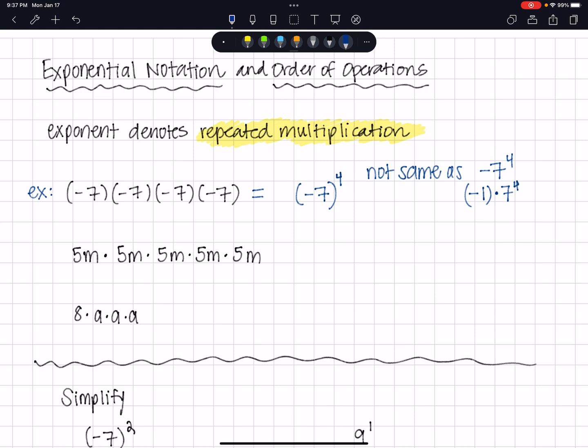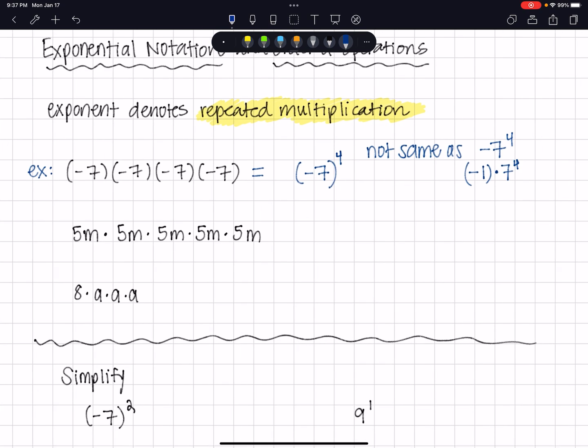And we'll readdress this in a later example. (5m) times itself 1, 2, 3, 4, 5 times would be written (5m) in parentheses to the 5th power. And 8a times a times a would be 8 to the 1st power times a to the 3rd power.